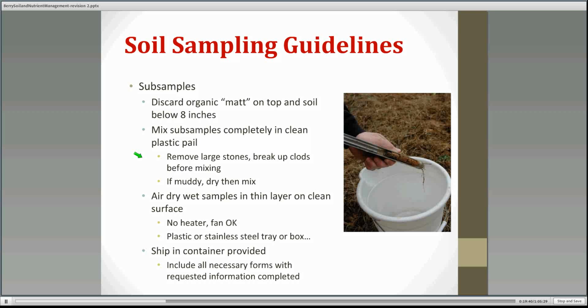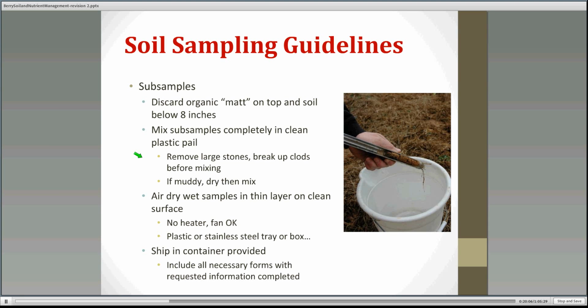Additional guidelines, remember to remove that organic mat to go to the depth that's recommended. Taking each subsample, putting it into the plastic bucket. At the end of sampling a particular area, mix well, because now that is going to represent that area, and then you subsample from it to get your sample to send off to the lab.